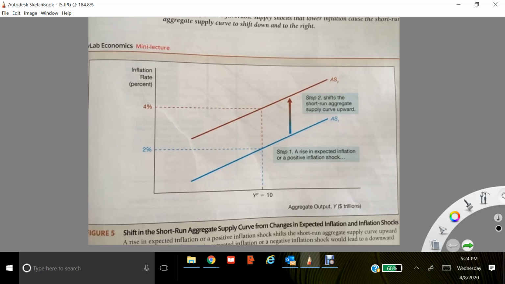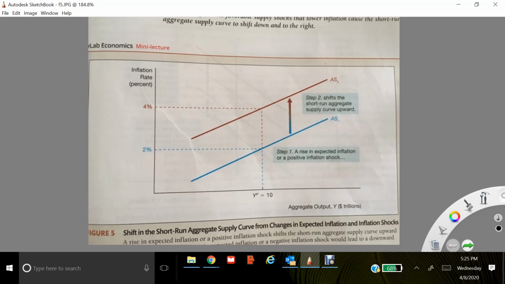Okay, so now we're going to look at what factors can result in the short run supply curve shifting.